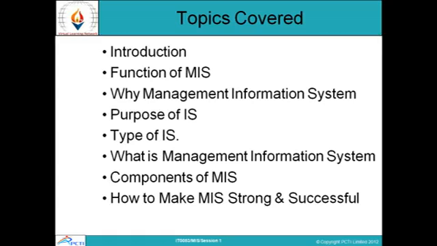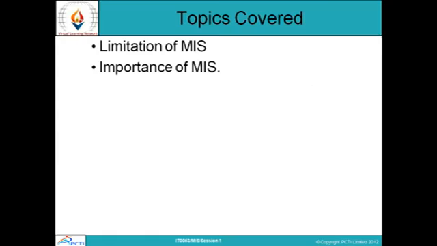Components of MIS and how to make MIS strong and successful will be part of today's session. In the later part we are going to cover limitation of MIS and the importance of MIS. So these are the topics that are supposed to be covered in today's session of management information system.